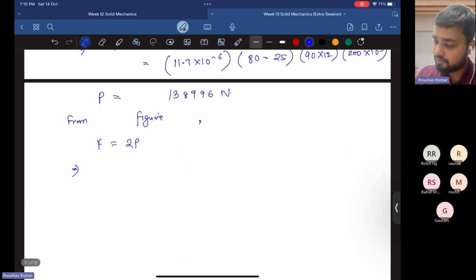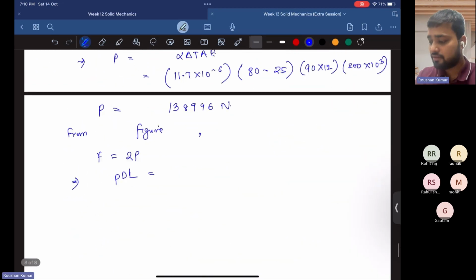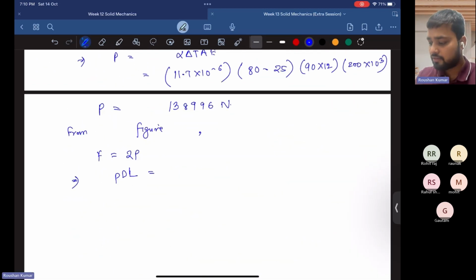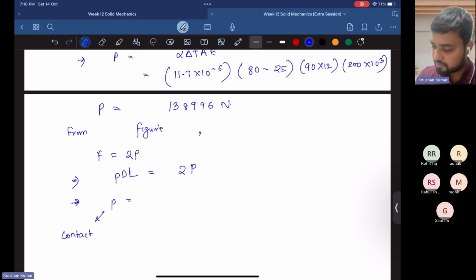F is given by P d L. So d into L is the area of the contact, and p is the contact pressure. That is equal to 2P.